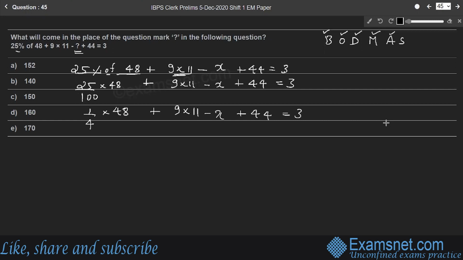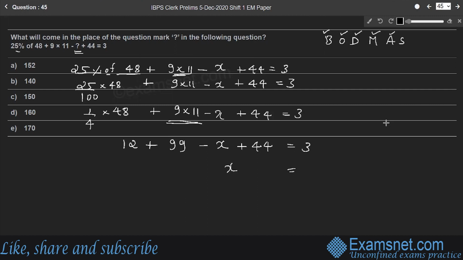So 48 by 4 is 12 plus, directly we can go to the multiplication part, which is 99 minus X plus 44 is equal to 3.